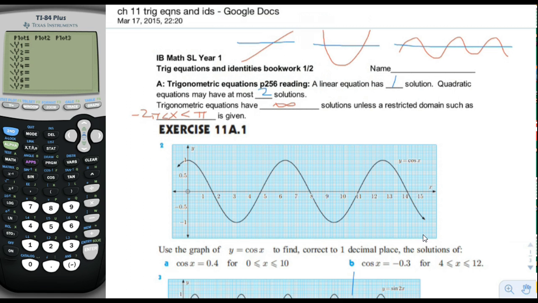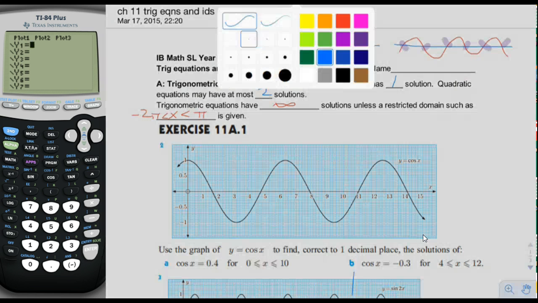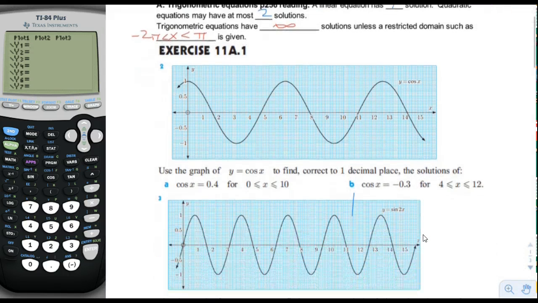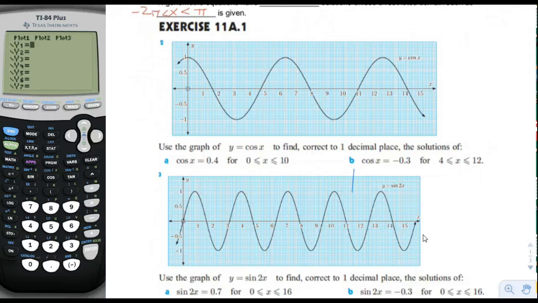You can see that the line has one solution, the parabola has two solutions, and the sine wave has 1, 2, 3, 4, 5, 6, goes on forever, an infinite number of solutions, unless you say, I'm talking about from here to here, and then that limits the solutions to 3, for example.